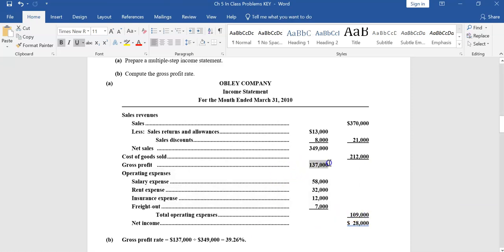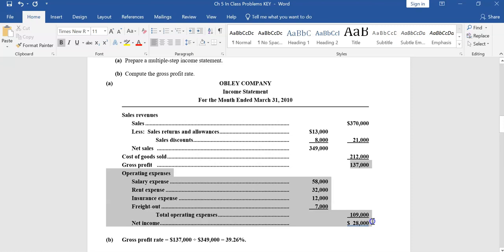So if I take the gross profit of $137,000, and I actually think I would like that better over there in that column. If I take gross profit and subtract my total operating expenses, then I'm calculating net income. So the company had a gross profit of $137,000 by selling their inventory. Their operating expenses were $109,000, leaving them with an overall income of $28,000.